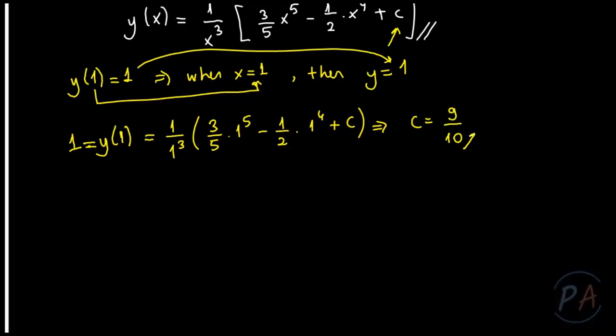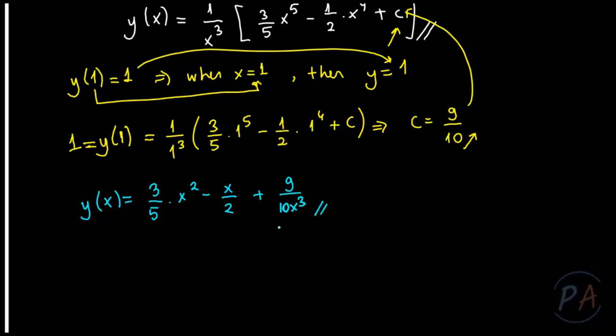When I substitute it into the solution, the solution of the initial value problem given above is y of x equals 3 over 5 times x squared minus x to the power 1 over 2 plus 9 over 10 x cubed. This is the solution of the initial value problem.